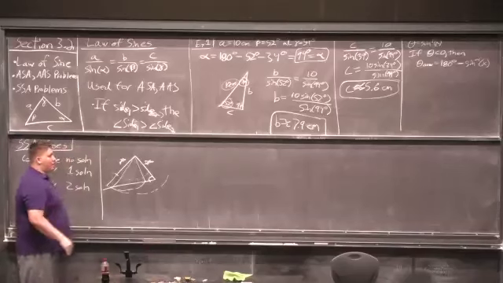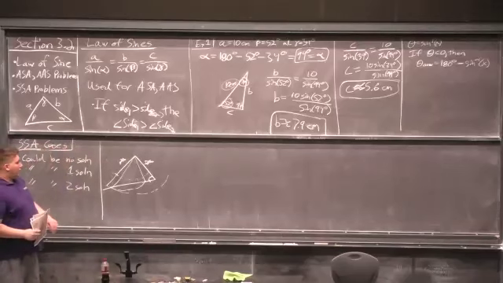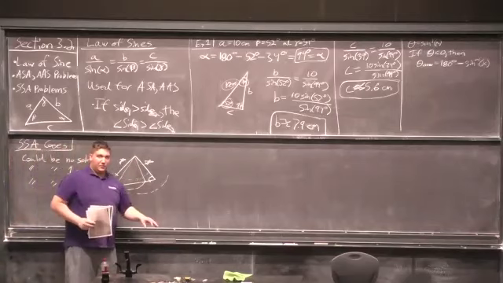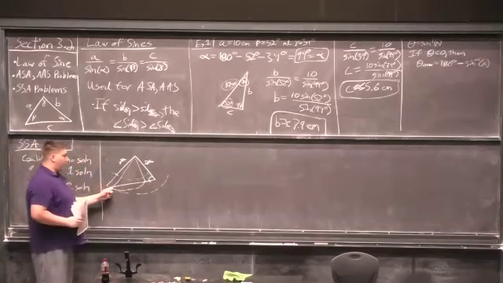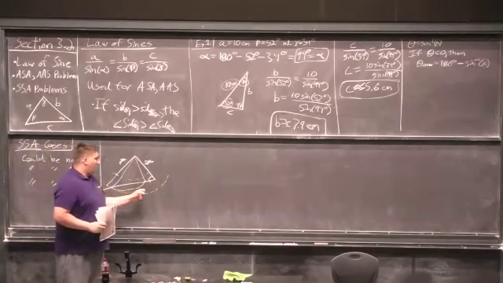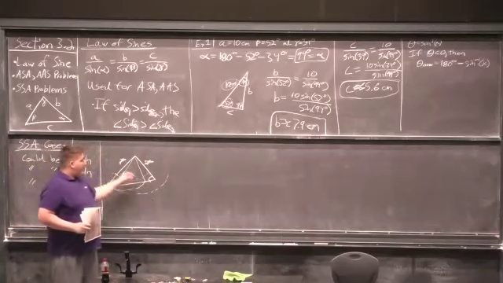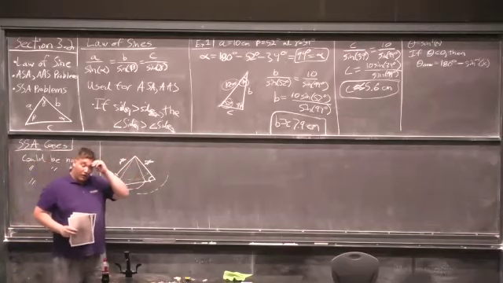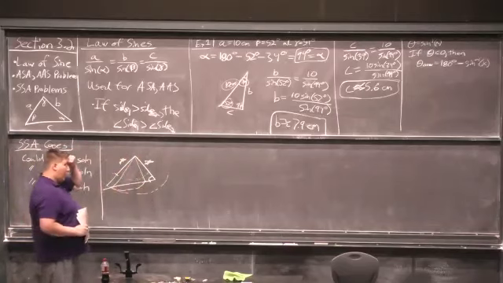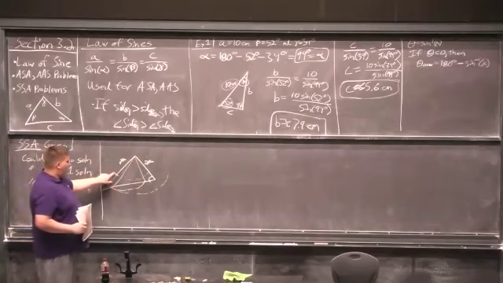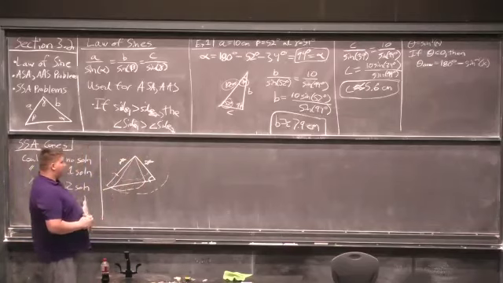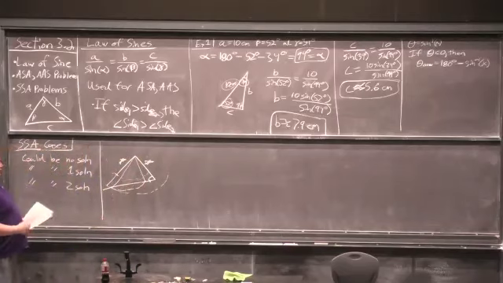I can't form another triangle. So I have these different cases to worry about of where I could have one solution and the other solution is thrown out. I could land perfectly and just touch it once. Or I might not be able to reach the bottom or the base of the triangle at all and have no solution.